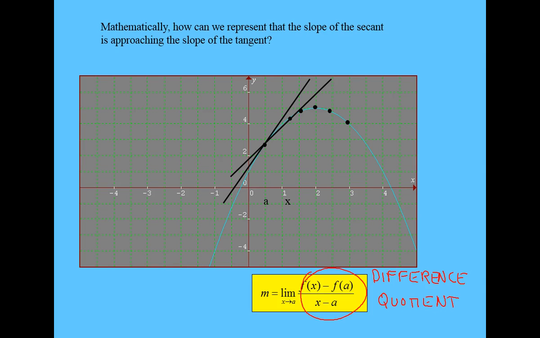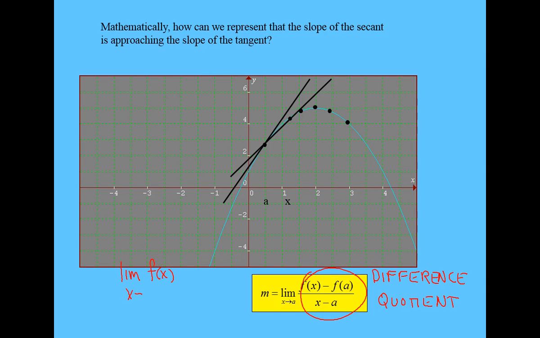When we take the limit of the difference quotient as x approaches a, we are finding the slope of the tangent line at a.